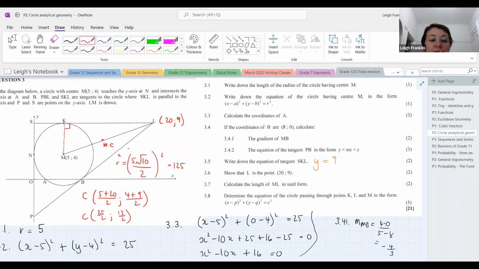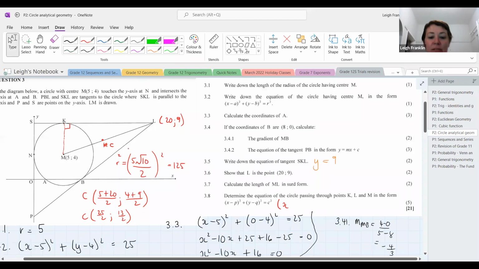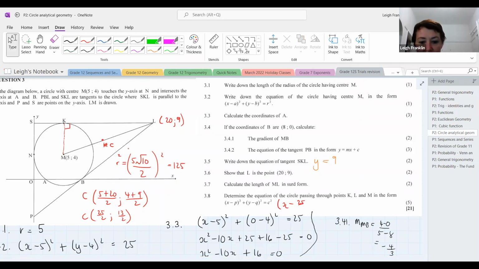So the equation of the circle passing through points K, L, and M would be x minus 25 over 2 squared plus y minus 13 over 2 squared is equal to 125.